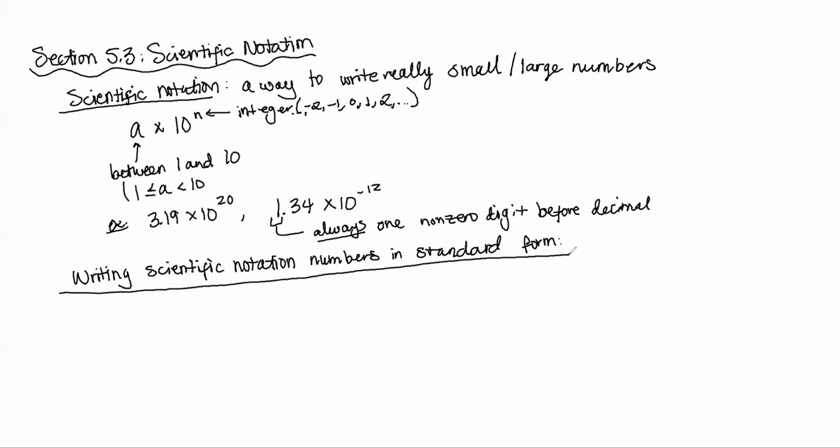So what we're gonna do is, let's say we have our number here, a times 10 to the n. If n is positive, so if we have a positive exponent, we're going to move the decimal to the right n places.